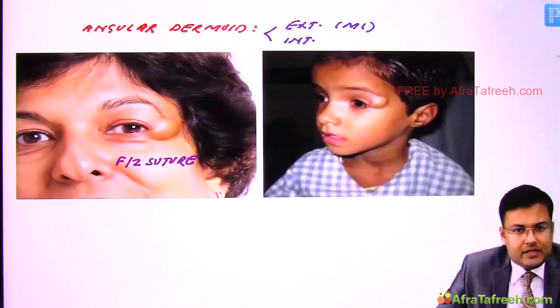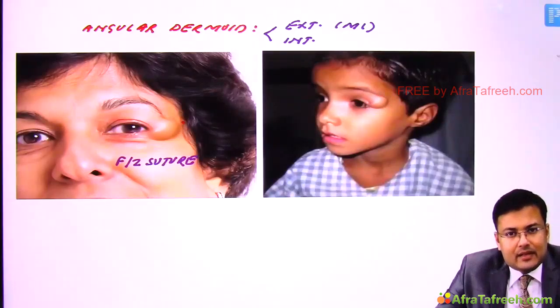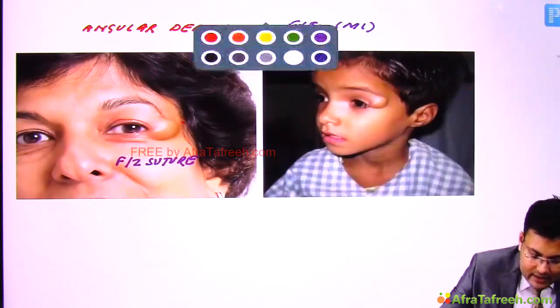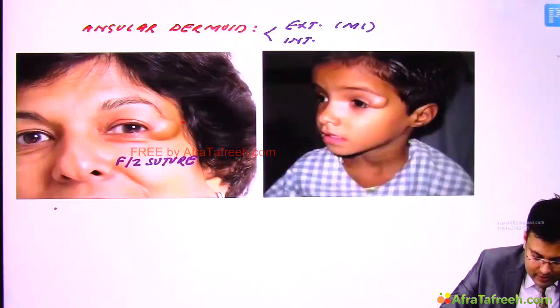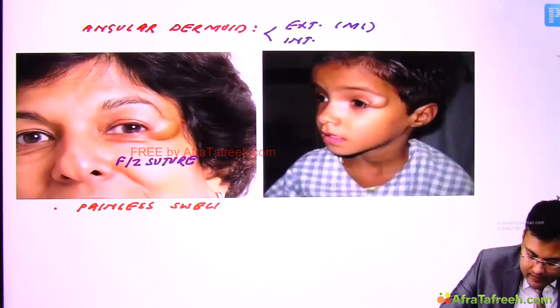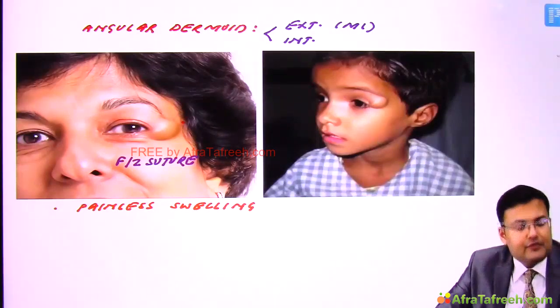So on examination you will find that it is painless. So what are the clinical findings? It's a painless swelling in the line of embryonic fusion. So first it's the painless swelling in the line of embryonic fusion.